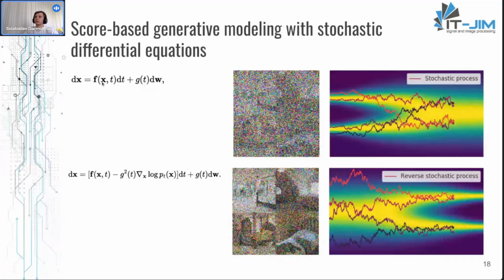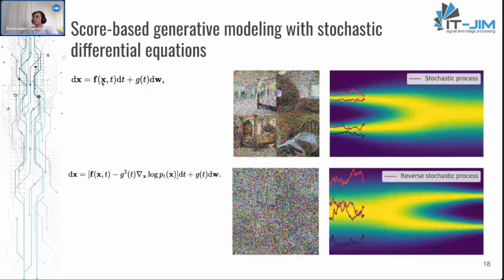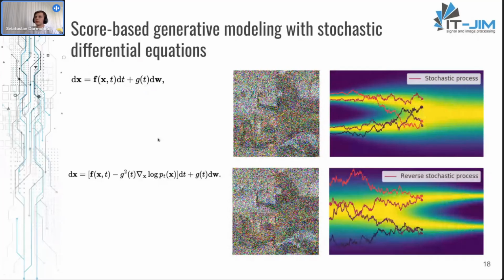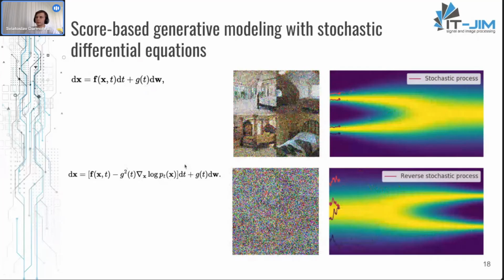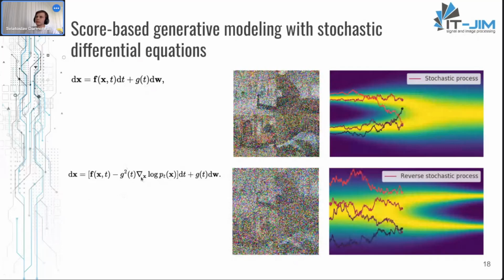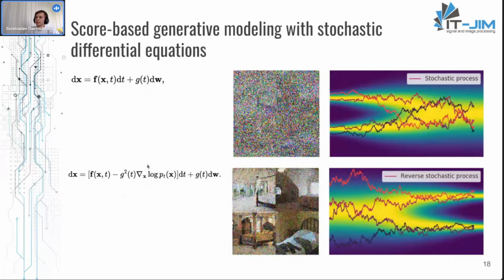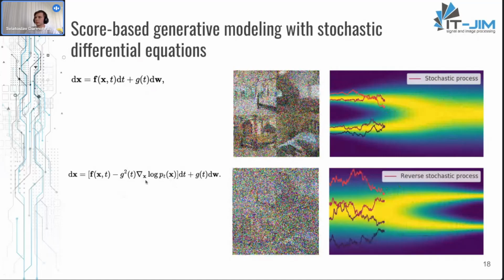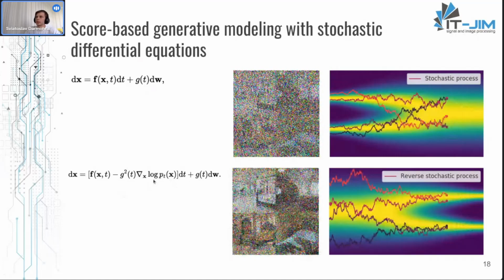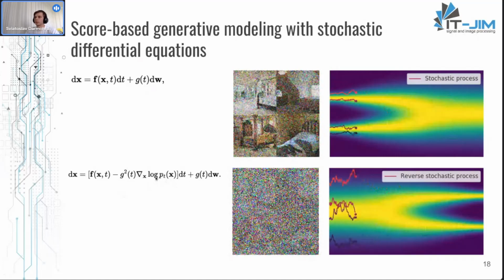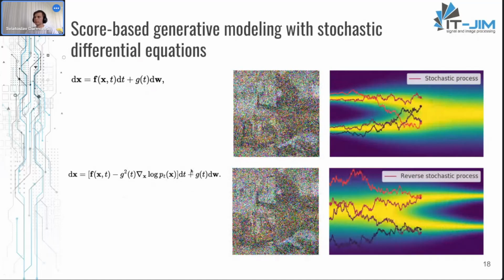And for this specific stochastic differential equation, the reverse process looks like this. Here we can see the exact thing that score generative models learn, namely the gradient of the log probability.